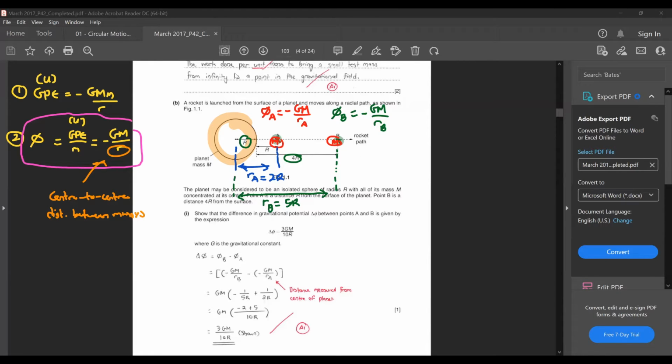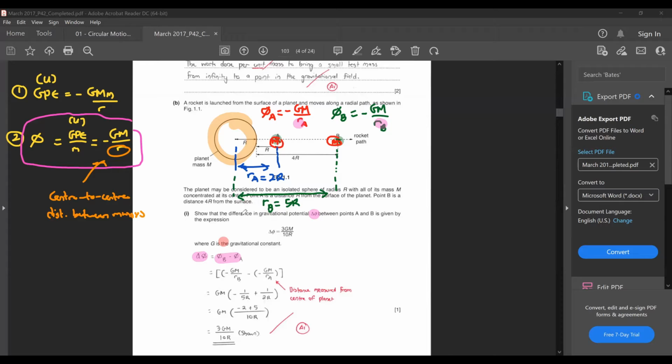What is your R? It is the center to center distance. From here, you already have the equation. Now, before you go any further, since you're talking about differences in potential, which is actually differences in scalar quantities, you generally will need to take higher value minus the lower value.